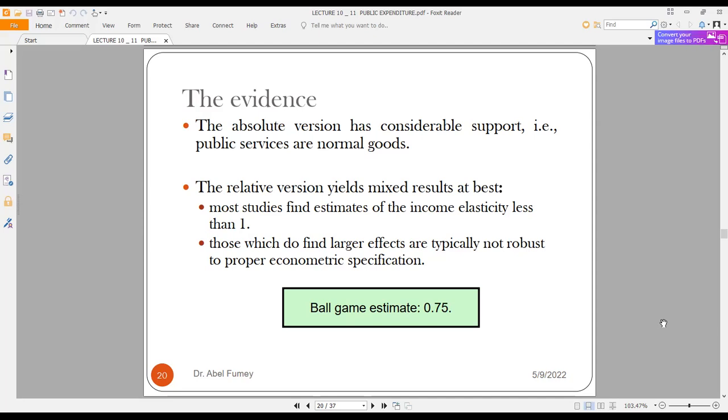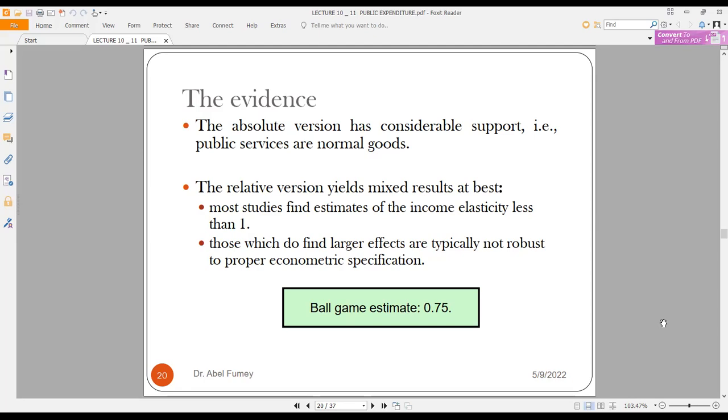Okay, data studied over time. Now, as we saw the two versions, the absolute version saying that the good is a normal good, and the relative one saying that the good is a superior good. The absolute version, based on data, has more support than the relative version.